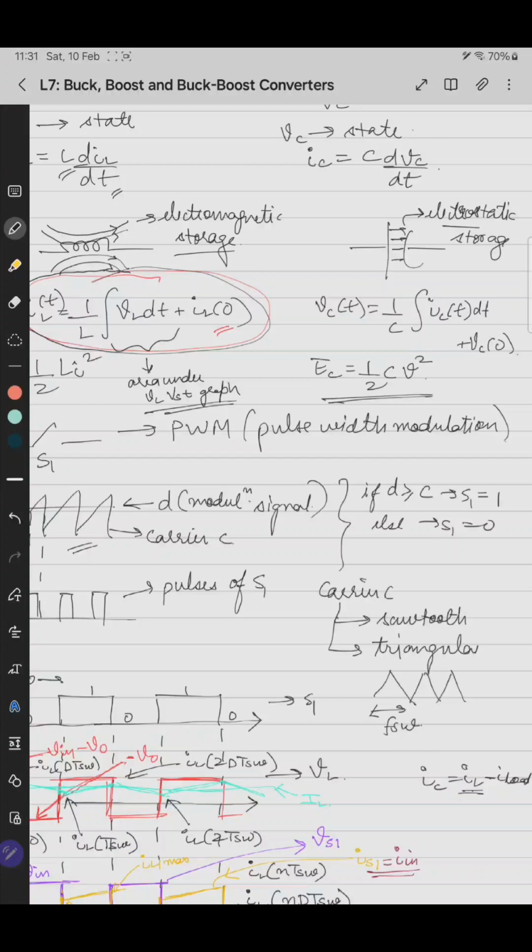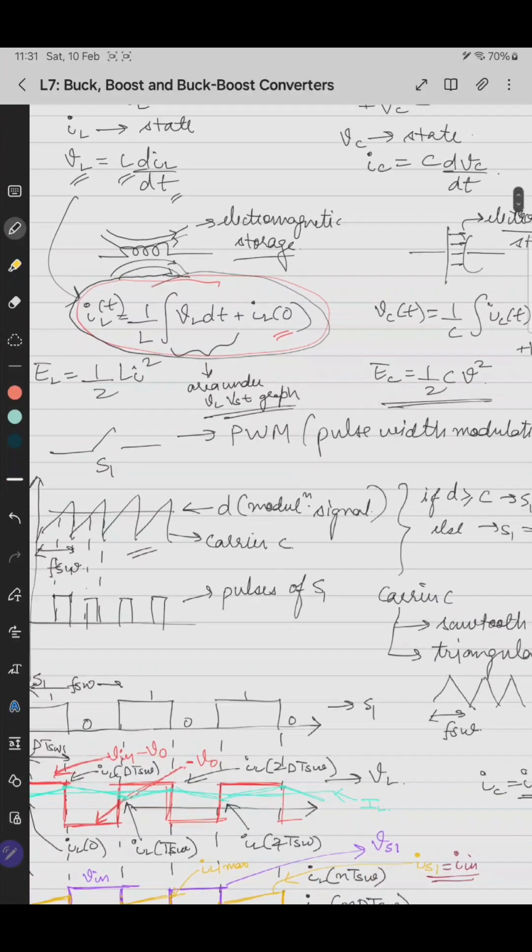It has different rates of energization and de-energization. Similarly, the energy storage principle applies to the capacitor. In one cycle, let's assume the capacitor is energized, and in the other cycle the capacitor is de-energized.